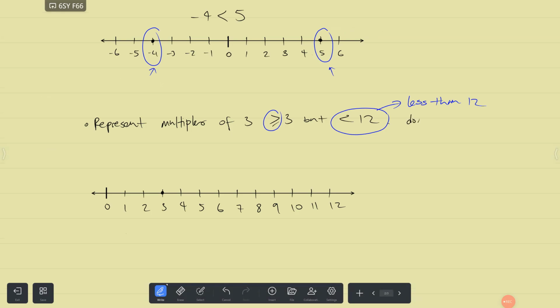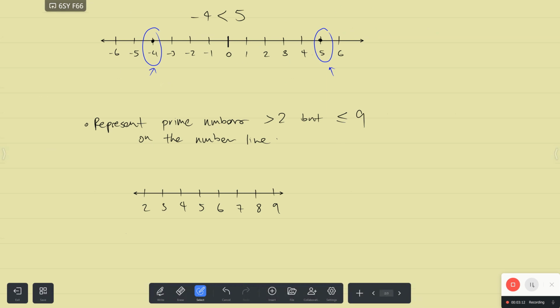What is important about the phrase less than 12 is that it does not include 12 itself. So we can go up the number line over here, which is 6 as the next multiple of 3, 9 as a multiple of 3, but you do not take 12 because 12 itself is not included in this set of numbers.